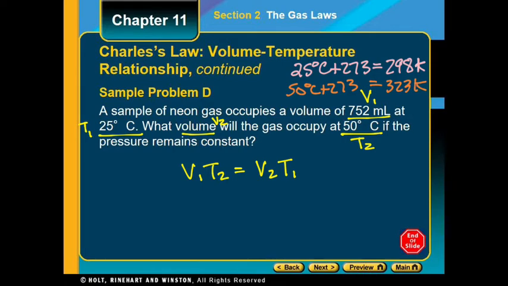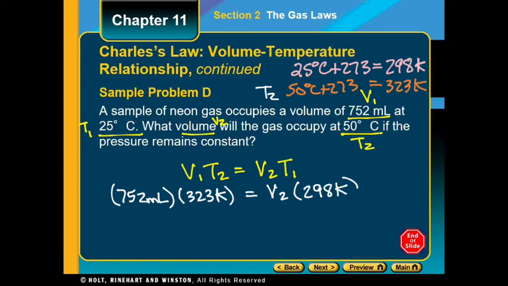So let's get to plugging again. V1 is given as 752 milliliters. T2, again, this is common for people to get their temperatures not swapped around properly, but T2 is 323 Kelvin. V2 is what we are solving for, and T1 was 298 Kelvin.